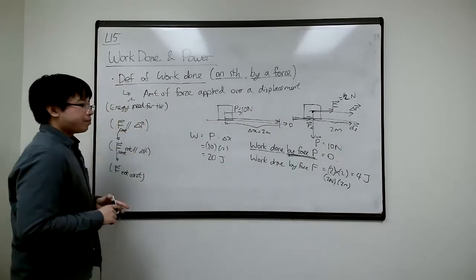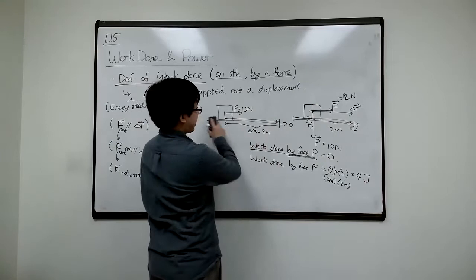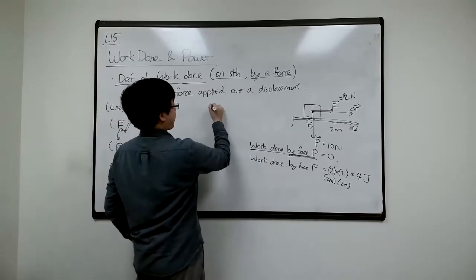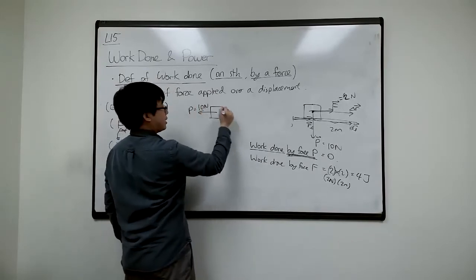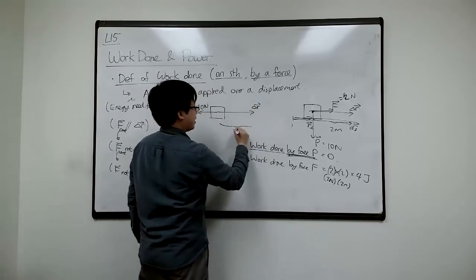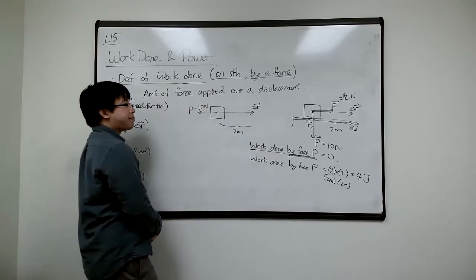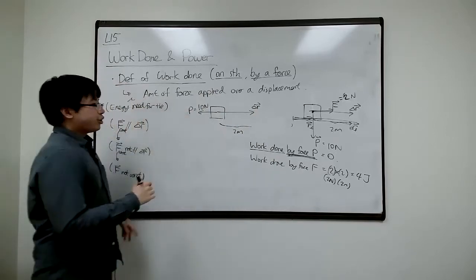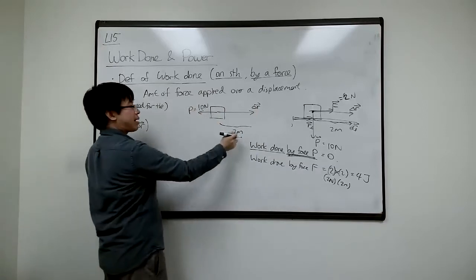Okay, good. So you understand why that is 0. And now one more case is, what if it's anti-parallel? So if I push it this way with 10 newtons, and it moves this way for 2 meters. What is the work done by P? With our definition, because it's going to be a dot product, it's going to be negative of this times this.